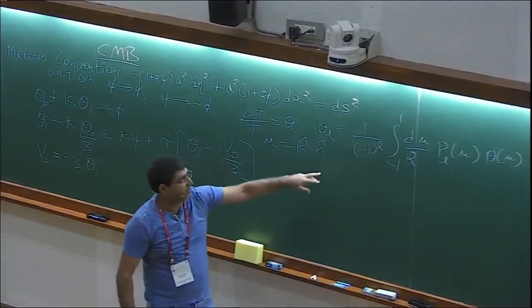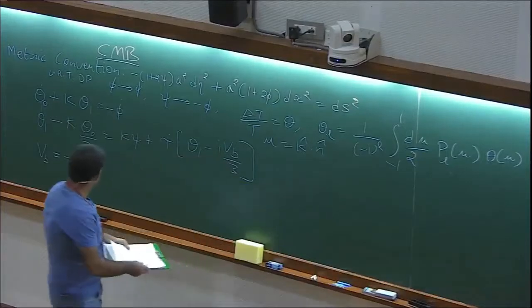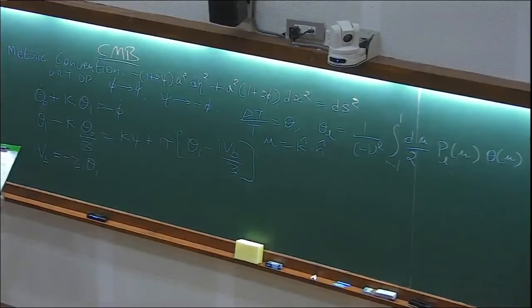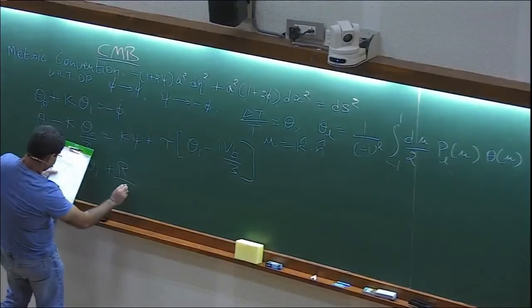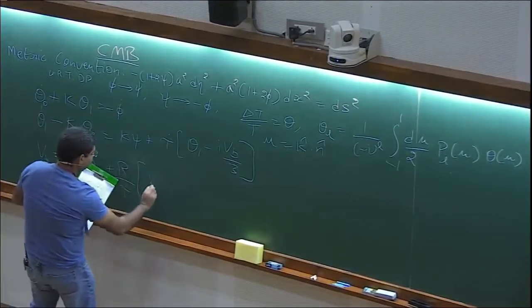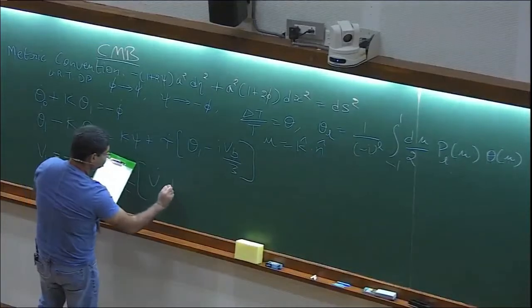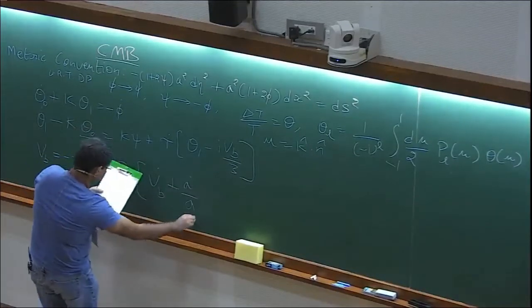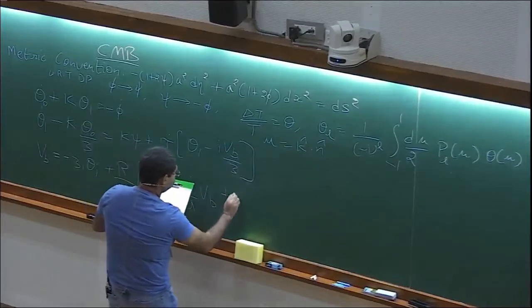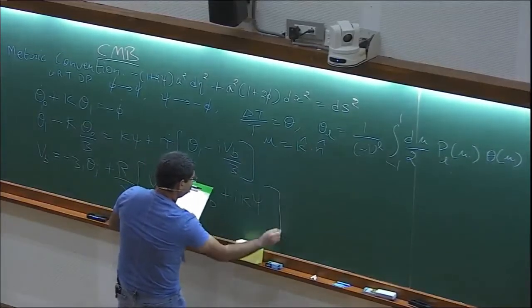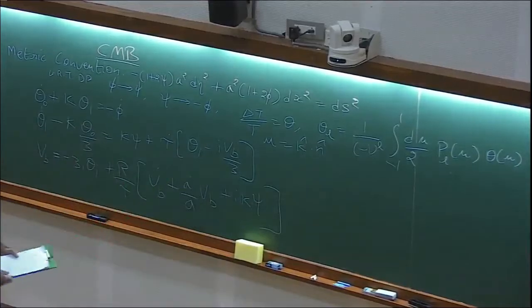There's nothing deep about these factors of i. Okay, so these are the equations which describe this coupled baryon photon fluid that exists before recombination.